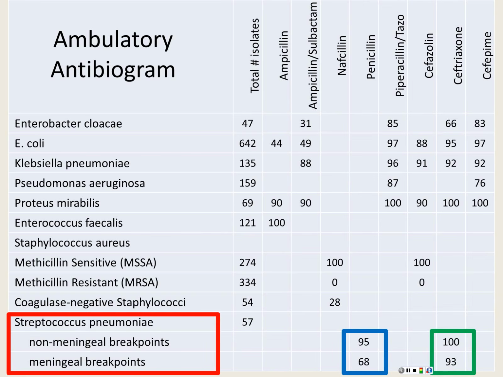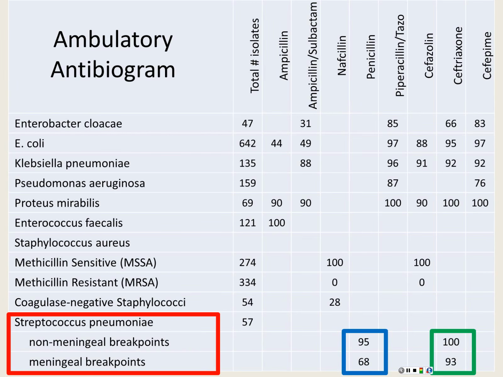And I think it's something that you'll see happening a little bit more in the future, but right now this is the one big important distinction. So if you look in the bottom of this antibiogram in red, you'll see that for strep pneumo, there are different determinations of what is susceptible, intermediate, and resistant based on whether or not you're treating an infection anywhere in the body versus in the brain.